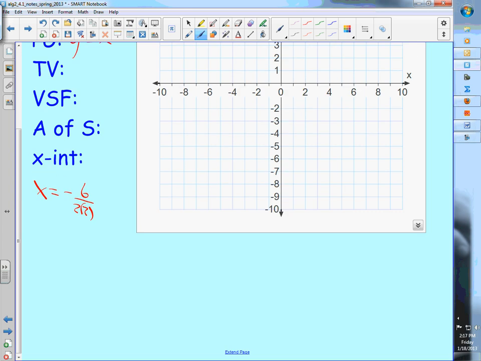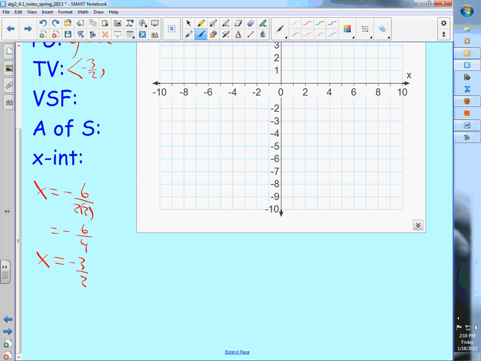Show your work. So you're going to get the opposite of 6 over 4, or negative 3/2. The x-coordinate of your vertex, your translation component, your x component, is negative 3/2.